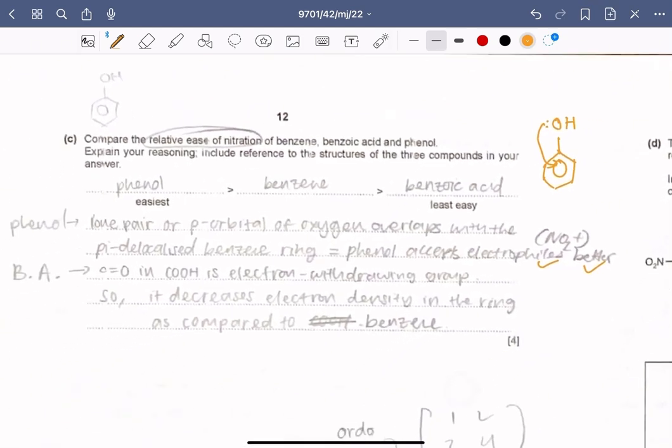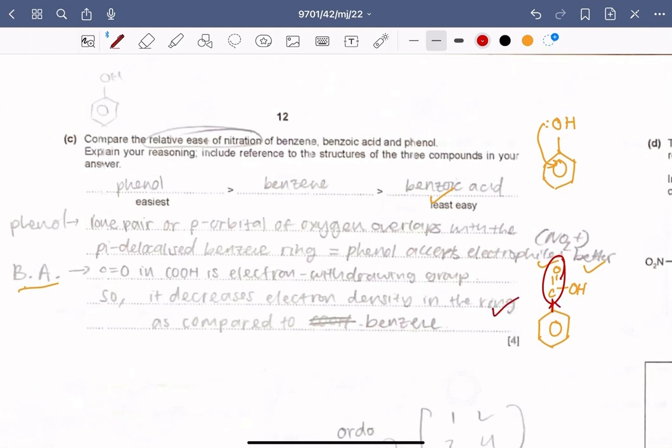So next, let's immediately skip to benzoic acid. Why is it the least easy to conduct nitration in? Benzoic acid has COOH. The C=O bond in COOH is an electron withdrawing group, and therefore it decreases the electron density in the ring.